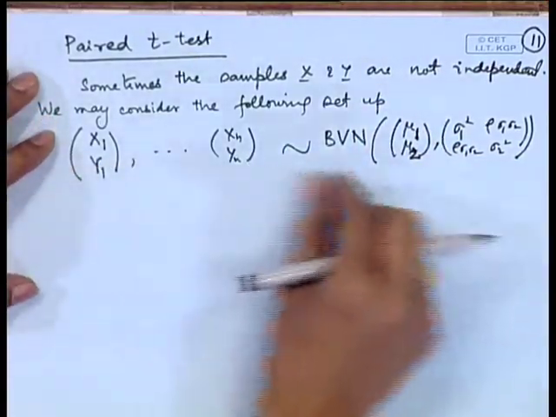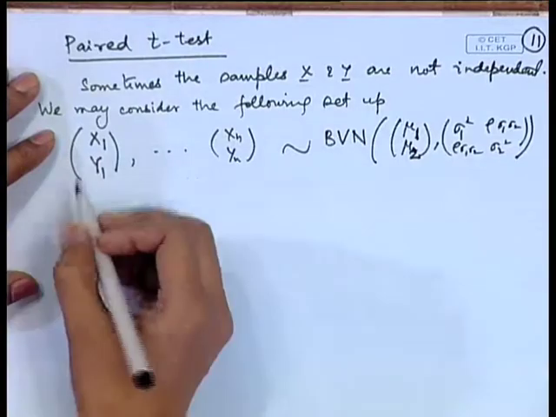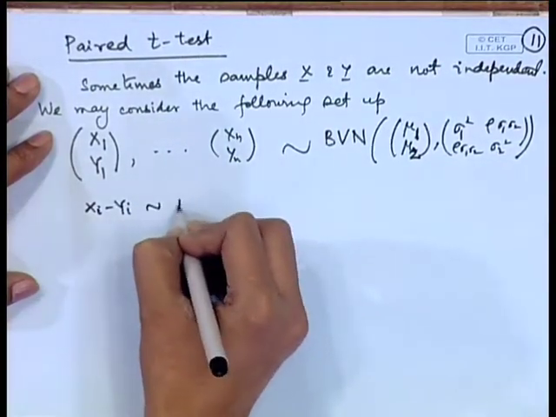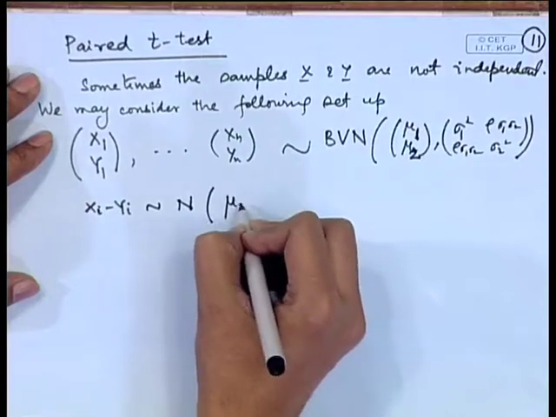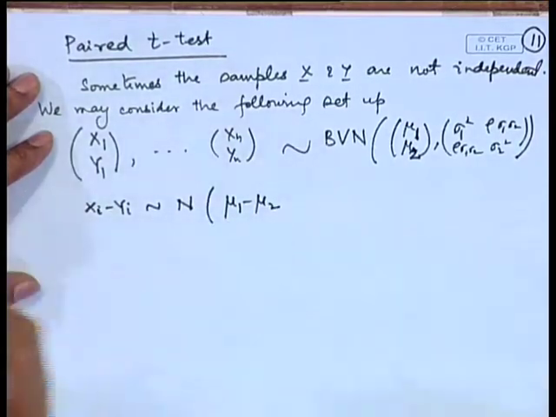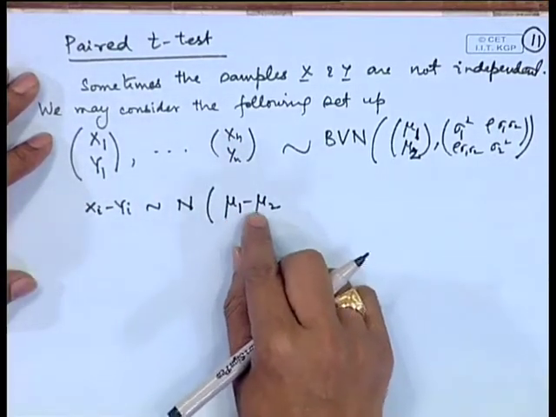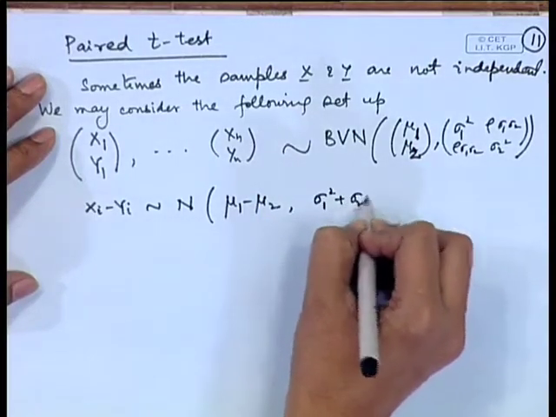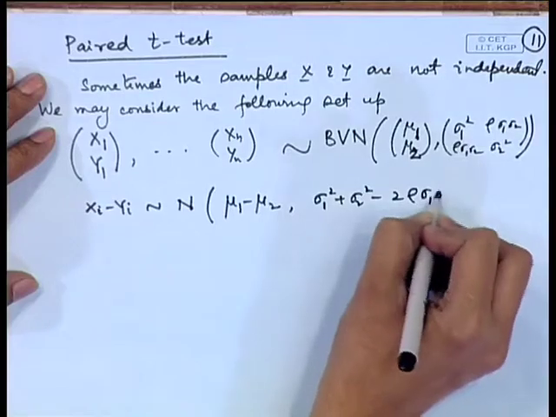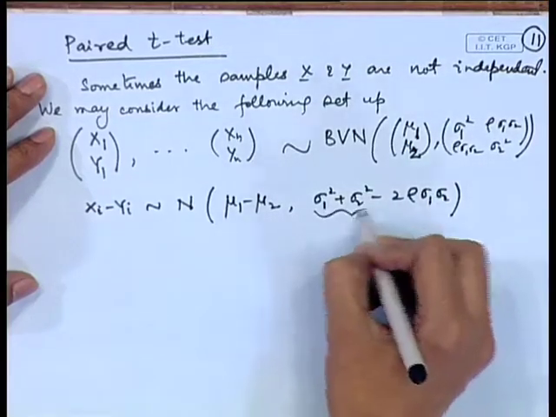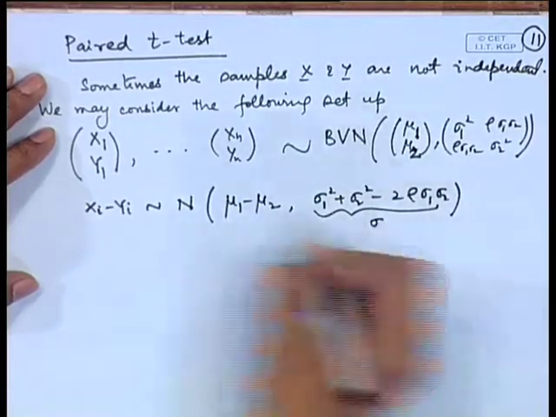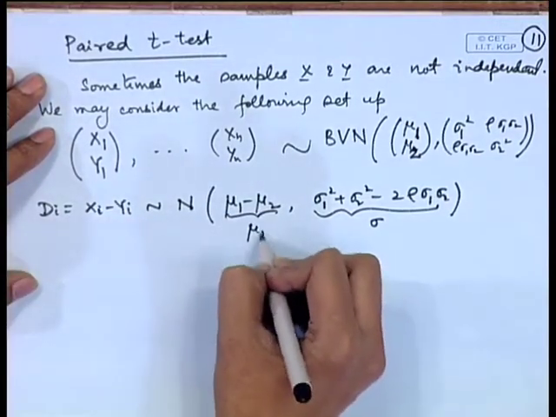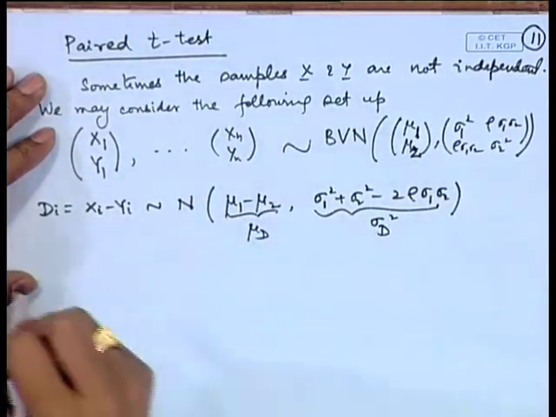Now, once again you see, if we have a bivariate model, then if we consider the differences, that is x i minus y i's, they again follow univariate normal distribution with means mu 1 minus mu 2 and variance will become sigma 1 square plus sigma 2 square minus twice rho sigma 1 sigma 2. We can call it say, so we give a notation here d i and this I call say mu d and this is sigma d square.